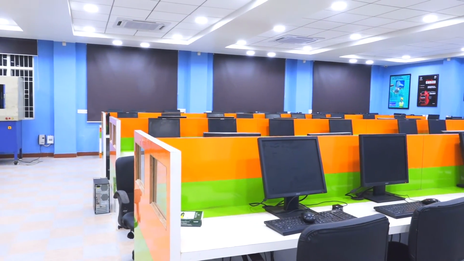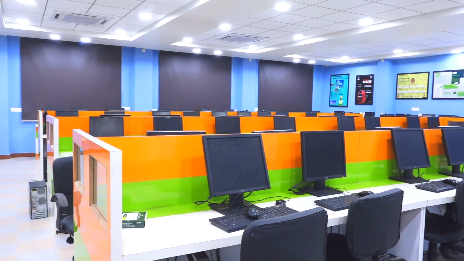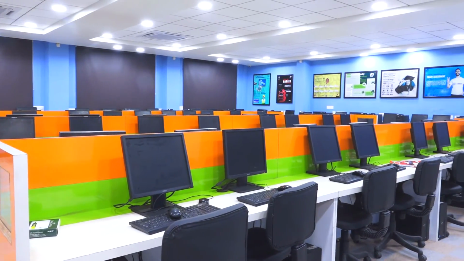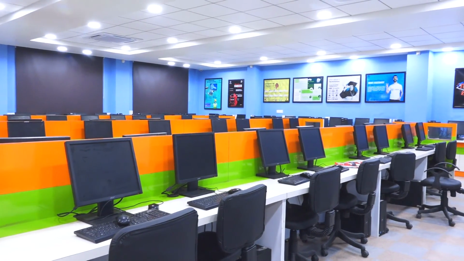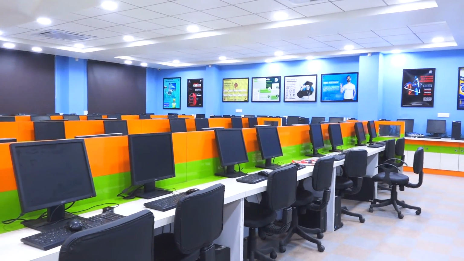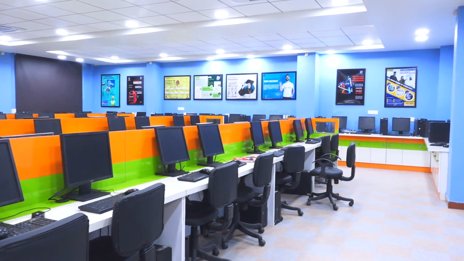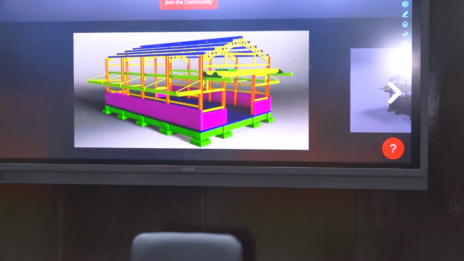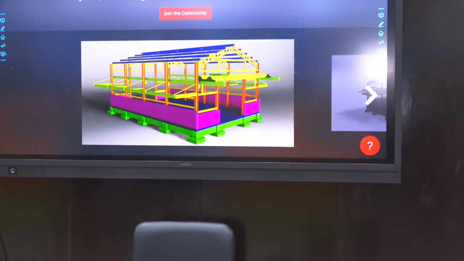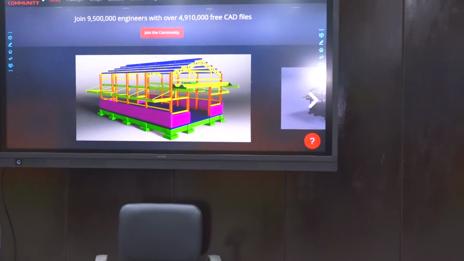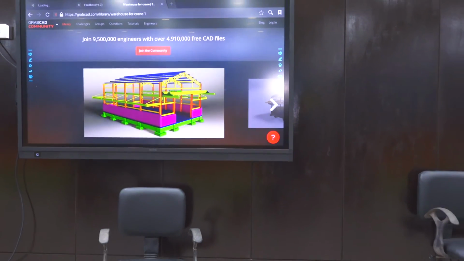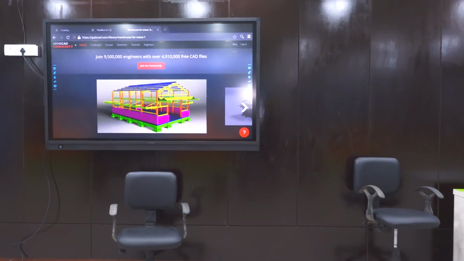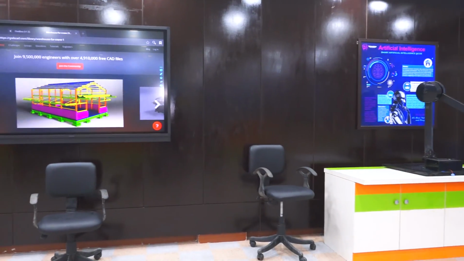This COE lab Center of Excellence is equipped with high-tech modern facilities like digital board, and the systems are equipped with modern softwares. Center of Excellence is equipped with high-tech modern facilities like digital board and the artificial intelligence.